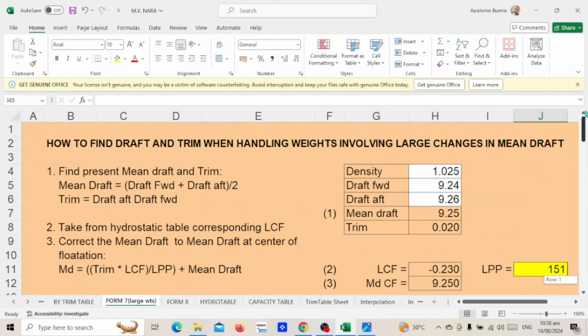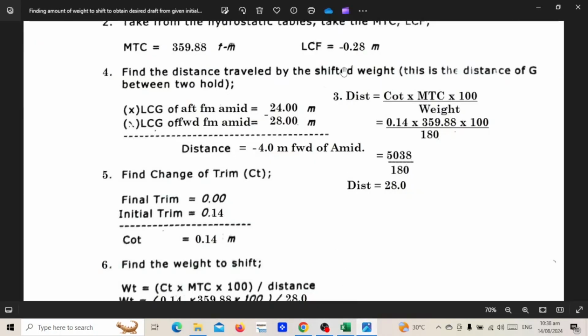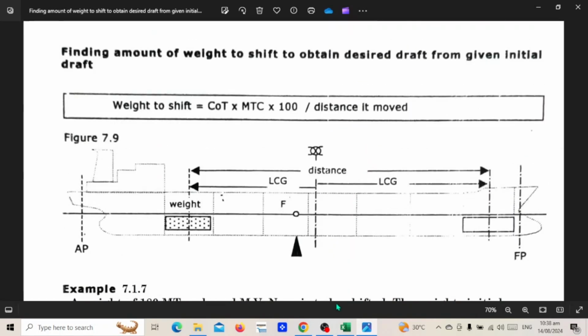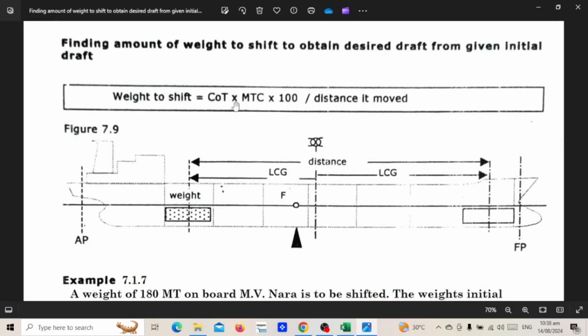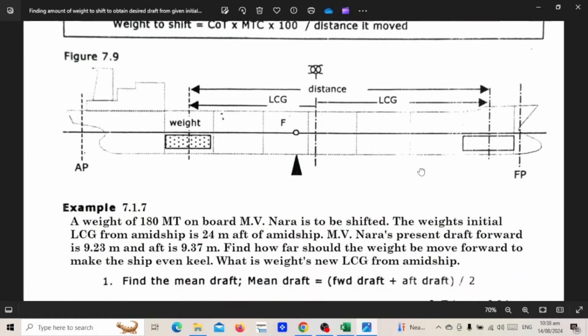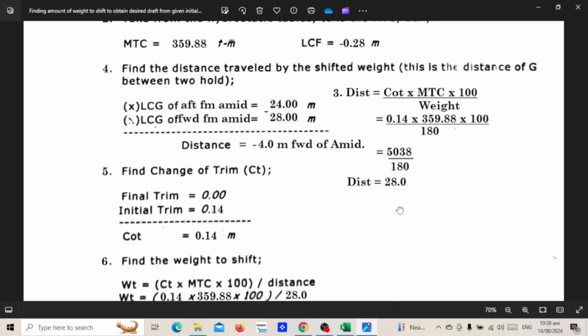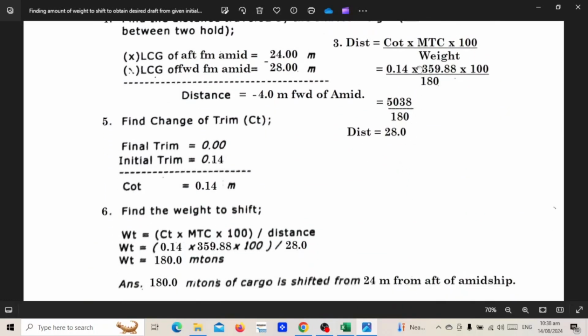But I would suggest that this formula here, how to get weight and to get the distance, this weight and change of trim, this manual computation, I would say, is accurate, guys.